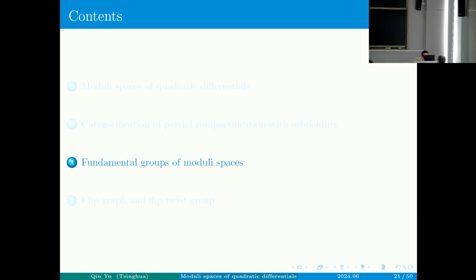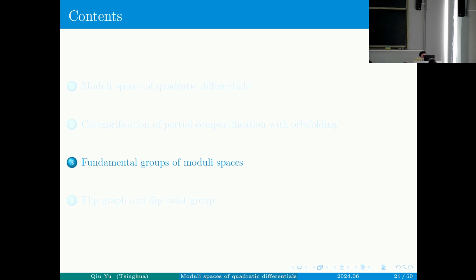Okay, so now let's talk about the main result: we want to calculate the fundamental group of these moduli spaces. Maybe I should mention that many years ago, Kontsevich and Zorich started to calculate the connected components of the moduli space of abelian differentials, and later there were many works in this direction.